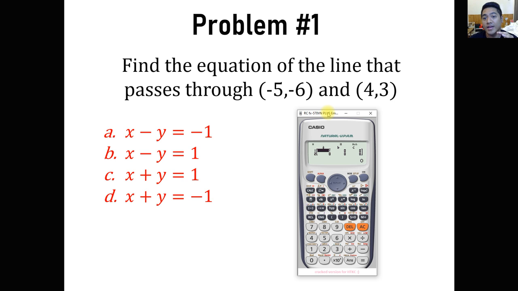Let's say the -5 is our x sub 1, and the -6 is the y sub 1, and the 4 is x sub 2, 3 is y sub 2. And what is the constant? The constant number will be 1. Okay, arbitrarily, we are going to select 1.